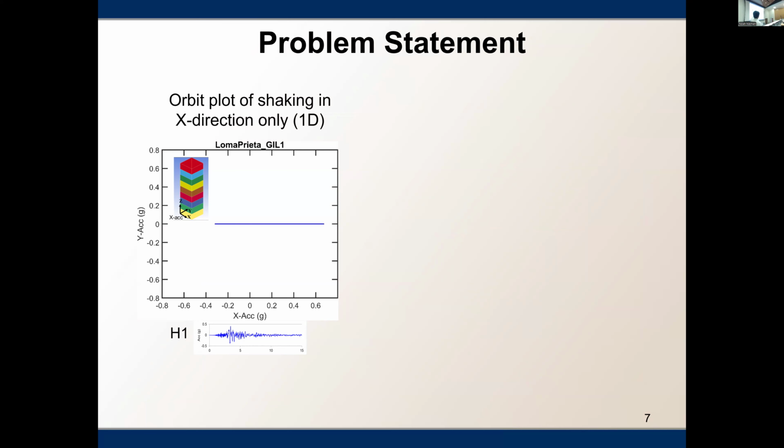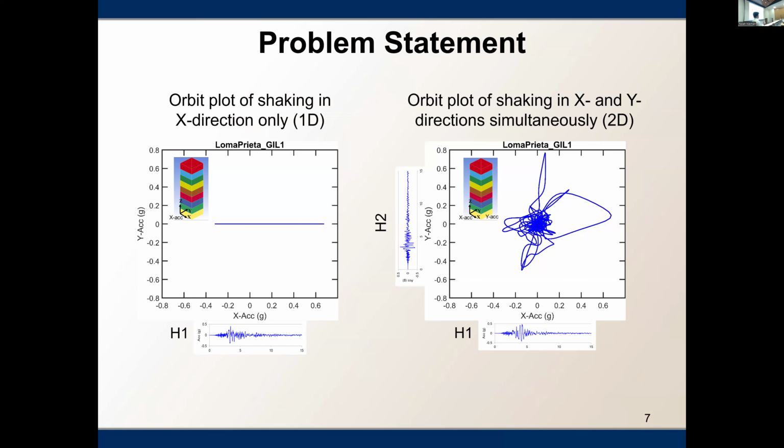Which means that if you model a soil column, it will move only in the x direction, right? However, if you take a motion and use the x and y acceleration simultaneously, then you will get a plot as shown here. So the motion of the column will now be in an xy plane rather than only in x direction. So we have a multi-directional loading now.